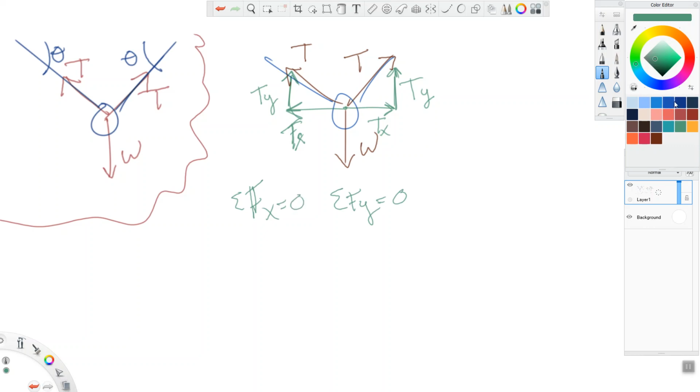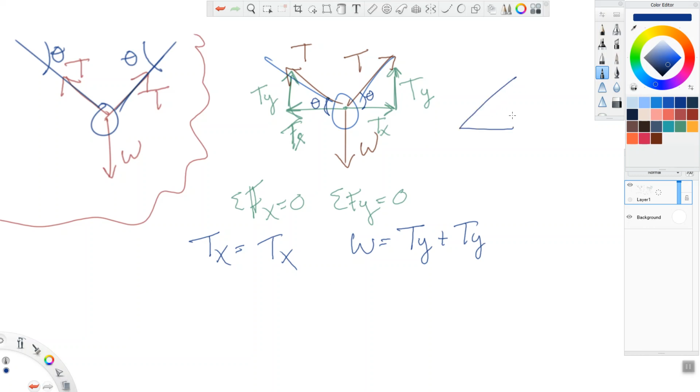So in the x direction, tension x equals tension x. If these were at different angles, I would get into some more trig calculations, but since these are set at the same angle, I can't really say much there. However, in the y direction, we can say weight is equal to tension y plus tension y.